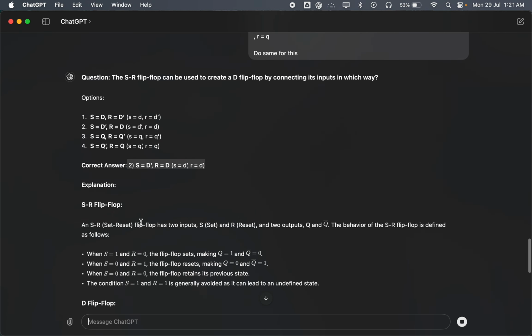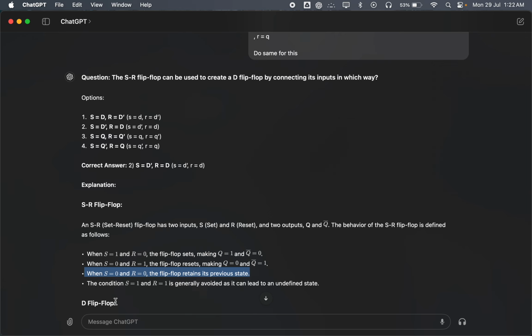Why? So let's see. In SR flip-flop, it's a set-reset flip-flop. It has two inputs S and R, and two outputs Q and Q dash. The behavior of the flip-flop is defined as follows: when S is equal to 1 and R is equal to 0, the flip-flop sets, making Q equal to 1, and when S equal to 0 and R equal to 1, the flip-flop resets, making Q equal to 0. When S is 0 and R is 0, the flip-flop returns its previous state.